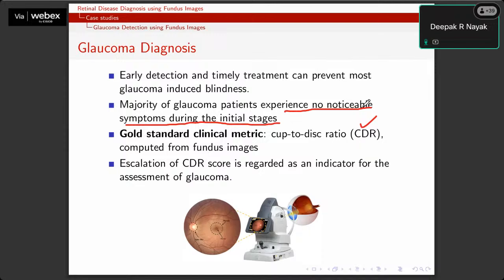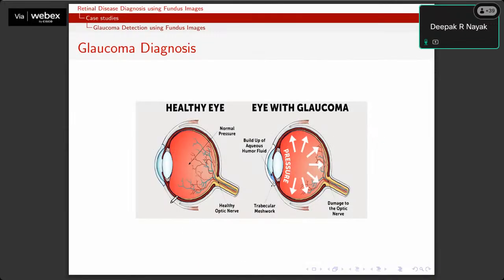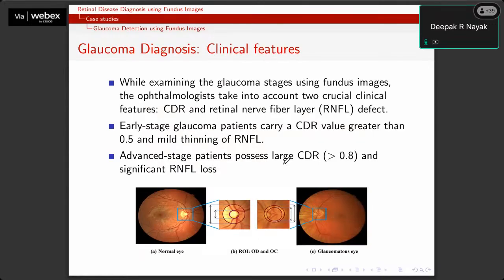Any escalation of the CDR score is regarded as an indicator for the identification of glaucoma. Before I discuss how it is being detected, let me cover the biomarkers and clinical features, what the CDR is, and the range of CDR values for early stage, advanced stage and severe stage.